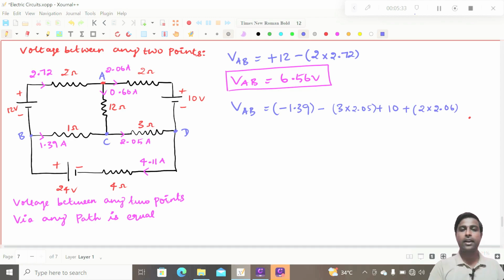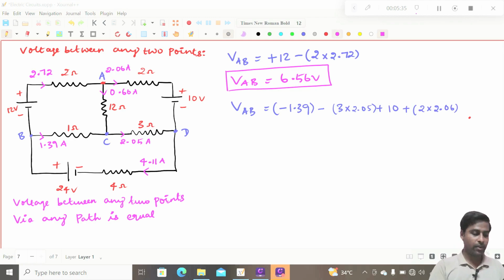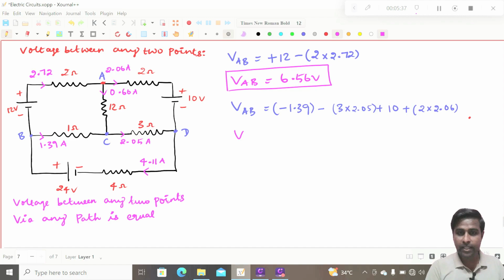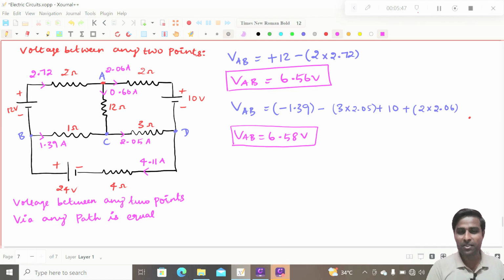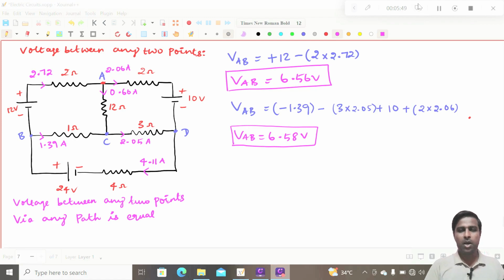That's all, right? Now if you simplify this, you will get VAB equal to 6.58 volt, right? Anyhow, there will be some 0.01 or 0.02 error because we have not used the full terms.